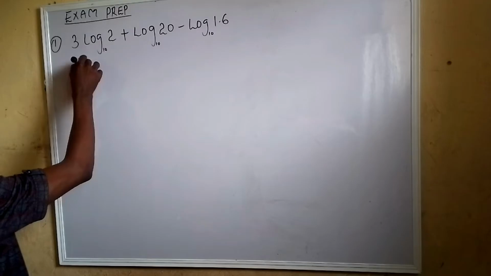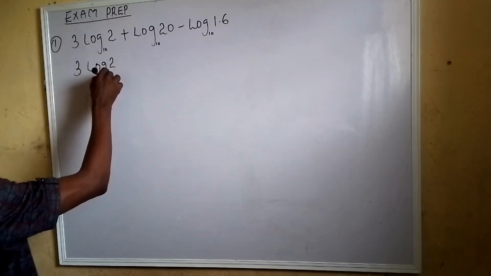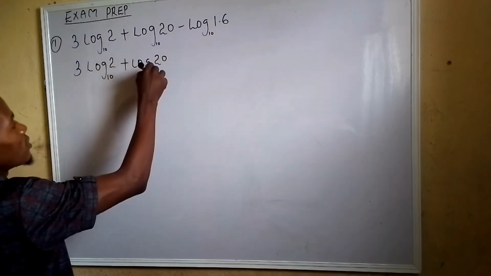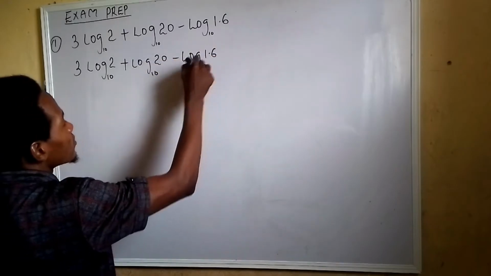That will give us 3 log 2 in base 10 plus log 20 base 10 minus log 1.6 base 10.